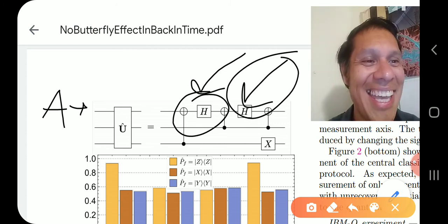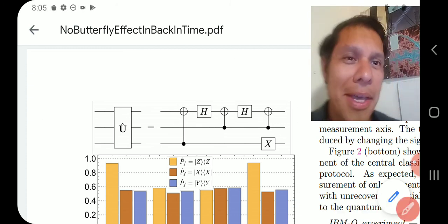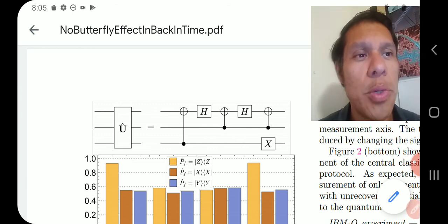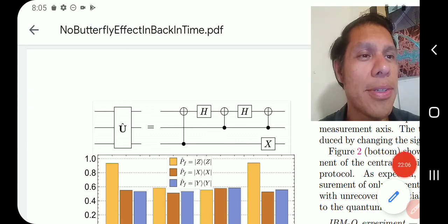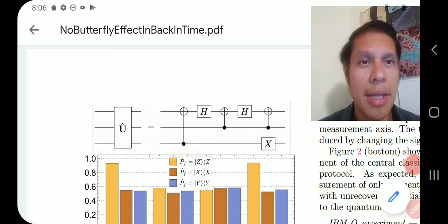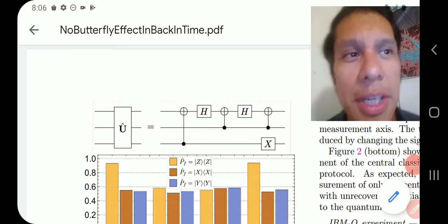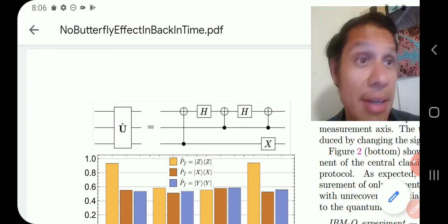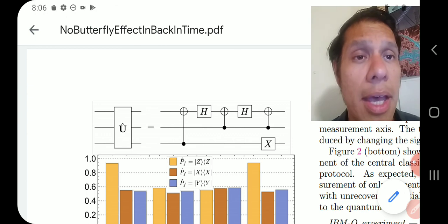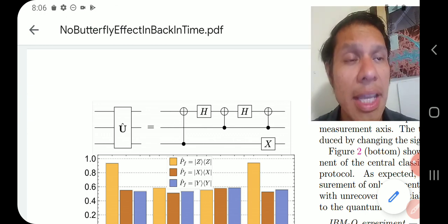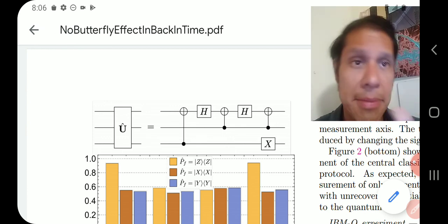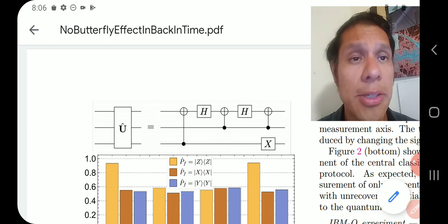Okay. As you can see, this is a circuit that can be done in the IBM Quantum Experience. If you have been following my videos, you know that you can have access to the platform for the IBM Quantum Experience and actually do this one right here, right? I have constructed several entangled states with three qubits. I haven't done this one in particular, but here's something that you can try, right?